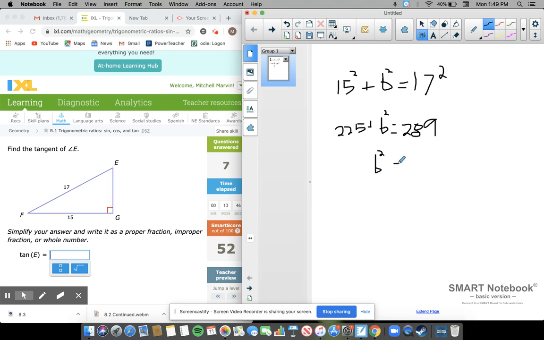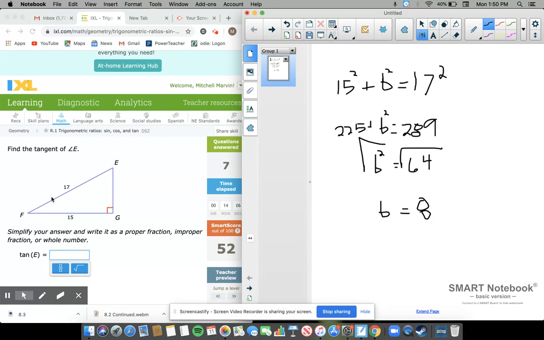They're going to be nice to us on this one and not make us work with radicals. We take the square root of 64, we get 8, right? That's how you get rid of the b squared piece. You go square root. So b is 8.